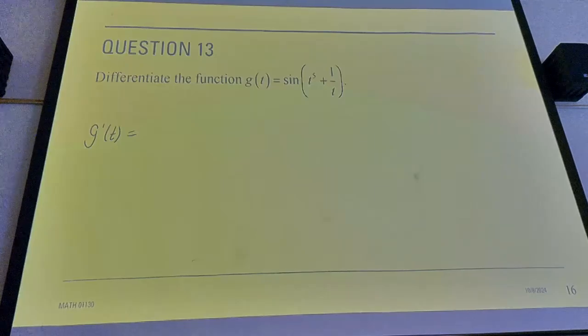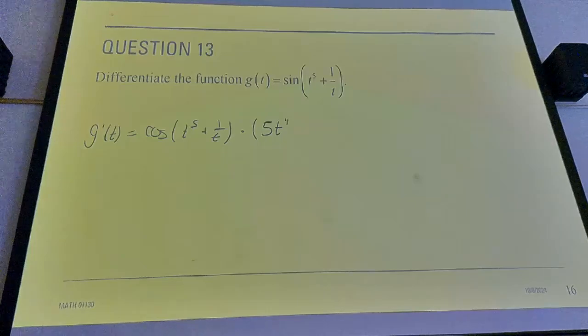Kind of function? Sine function. What is the derivative of a sine? What were we taking the sine of? t to the fifth plus 1 over t. Take its derivative. 5t to the fourth. And I'm going to let someone else buzz in here.